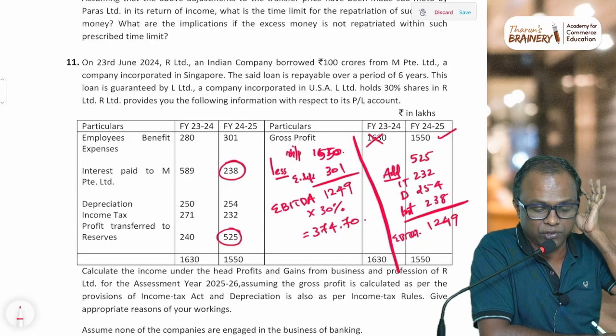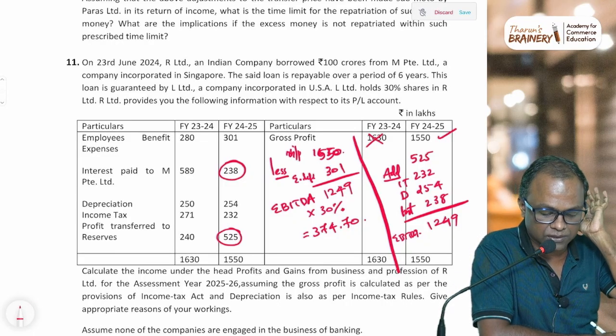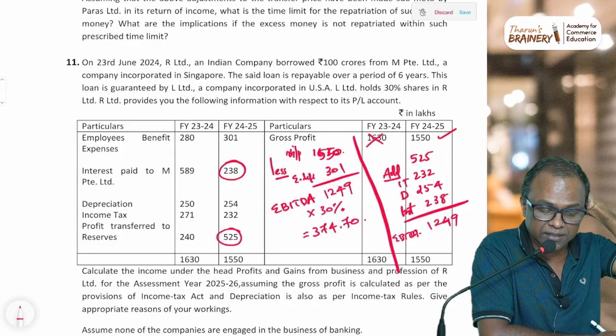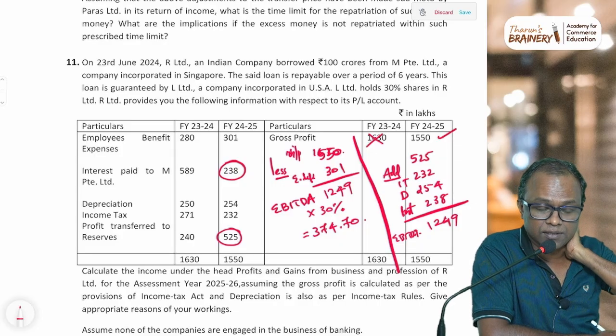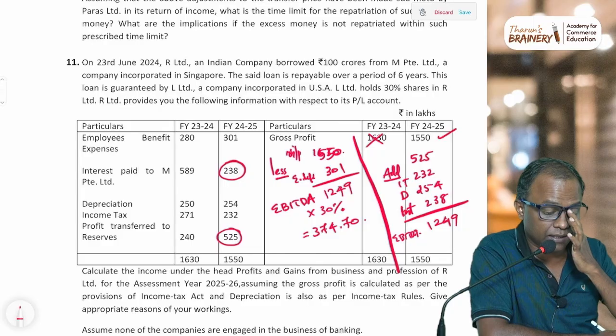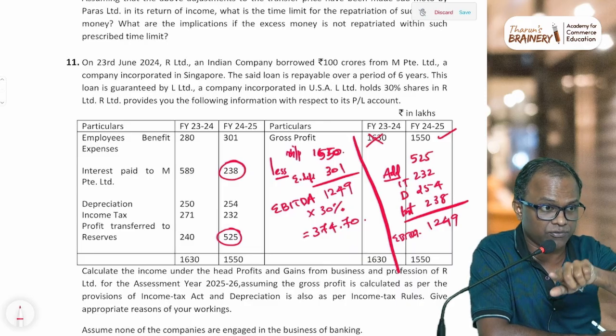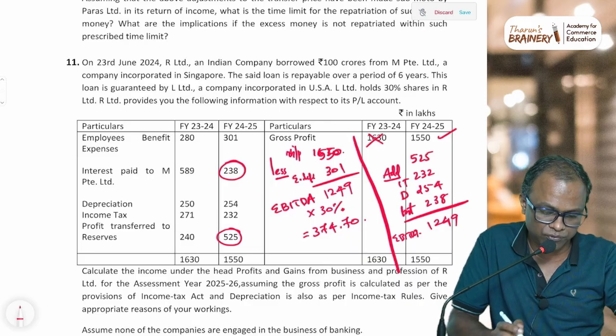That means in 24-25 there is no disallowance. But the problem is they are giving the details of 23-24. At that time you should remember, okay, then we have to check whether in 2023-24 there was a disallowance. If there is a disallowance in 23-24, that can be carried forward and set off in the current year. So go back to 23-24.